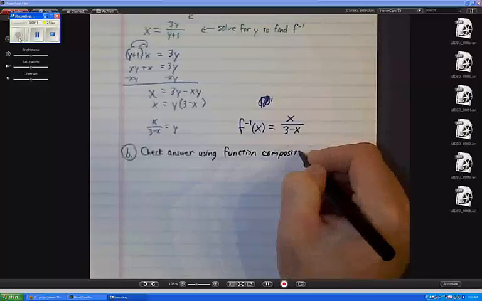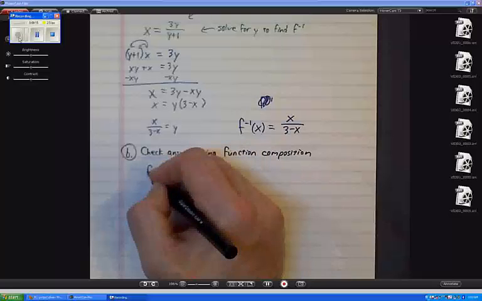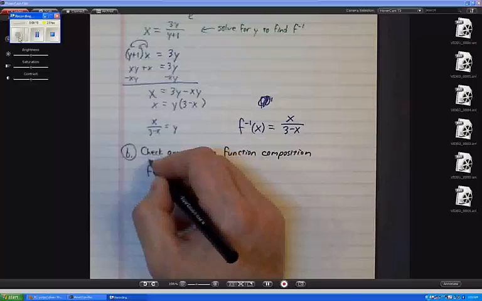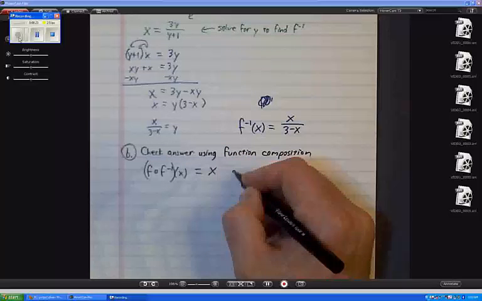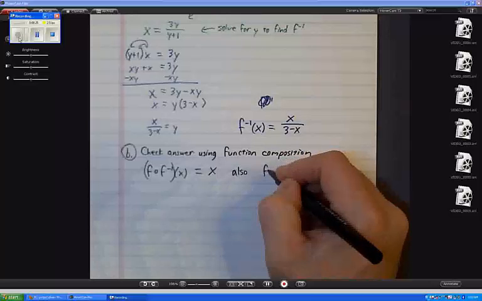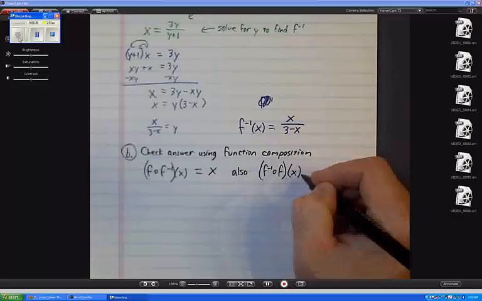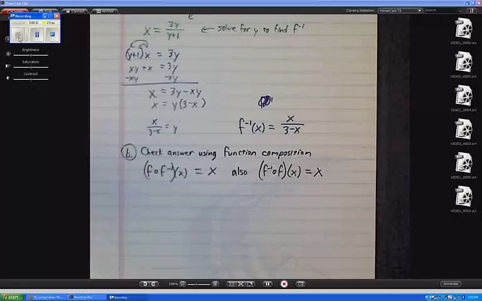And so what that means is, if I do f composed with f inverse of x, what am I supposed to get? x. Also, f inverse composed with f of x, I'm supposed to get x. That's what's supposed to happen.